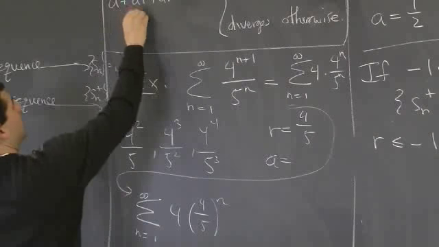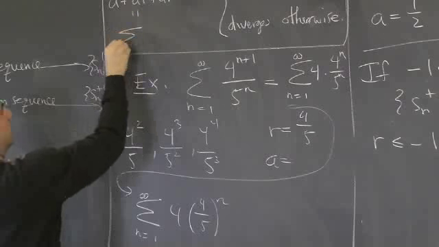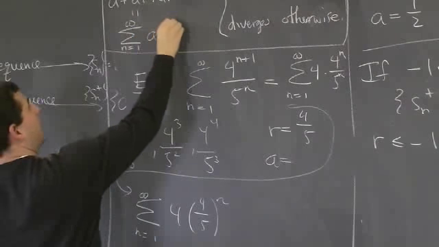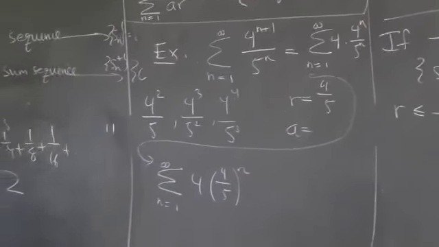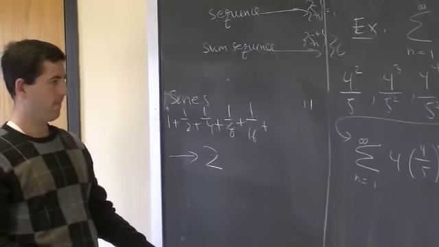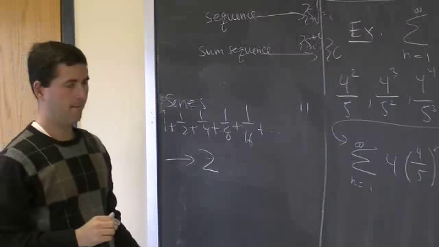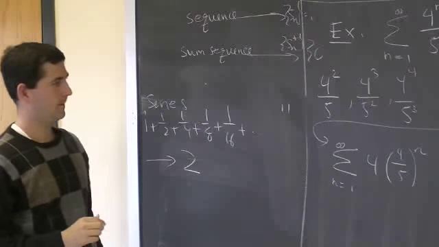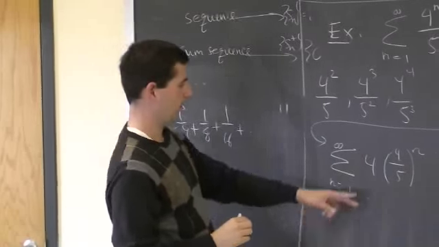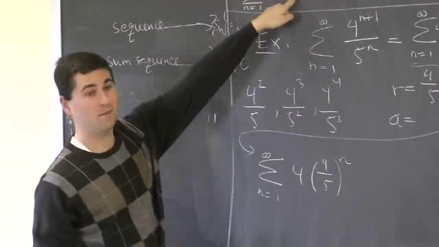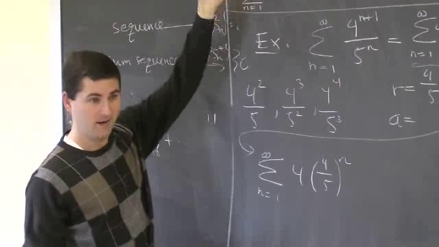By the way, I just want to quickly note up here, this was equal to the sum from n equals 1 to infinity of AR to the n minus 1. This was somewhat key. I actually have an n here, but I really want to have an n minus 1 for it to match my geometric series.